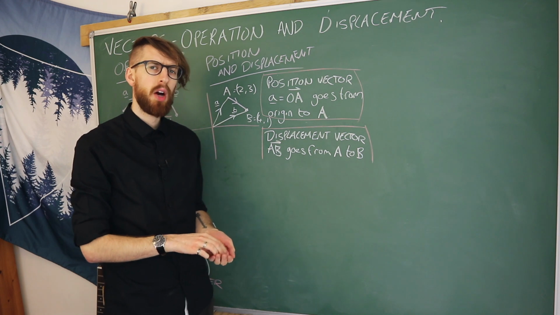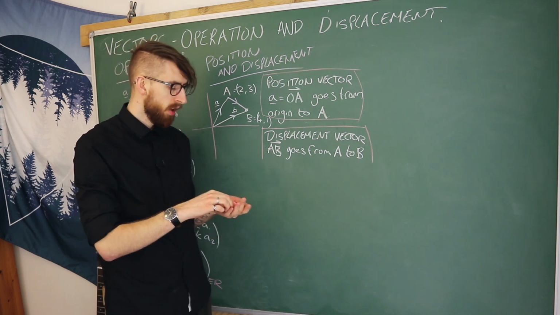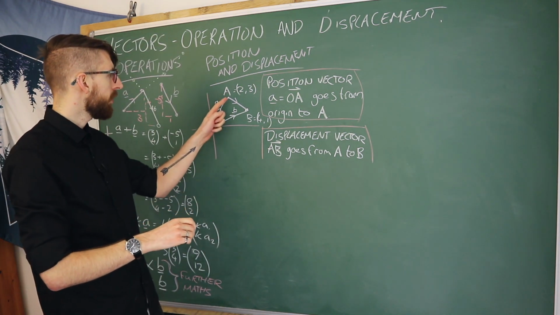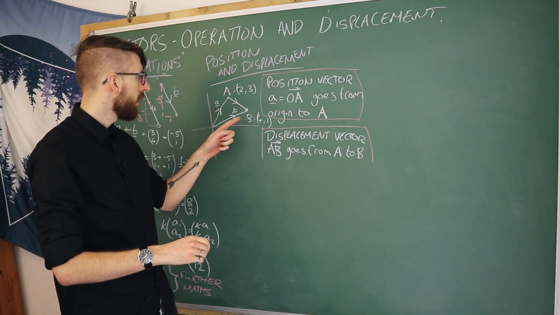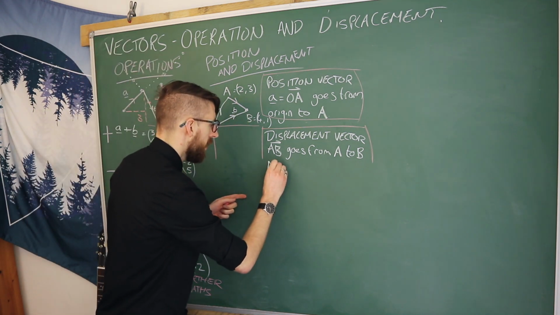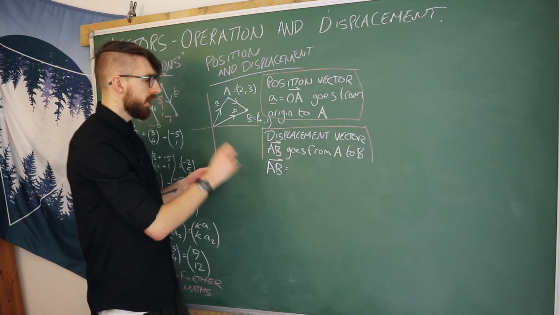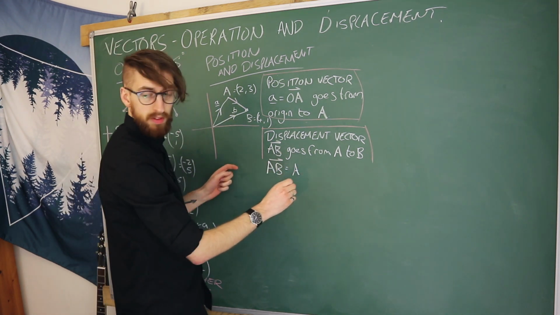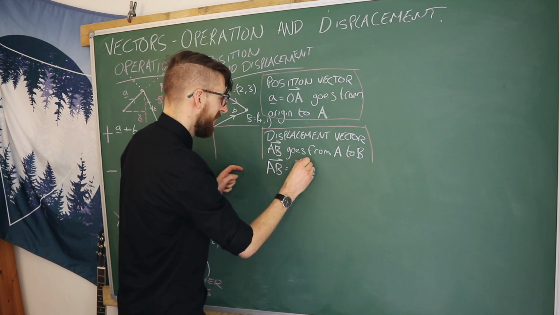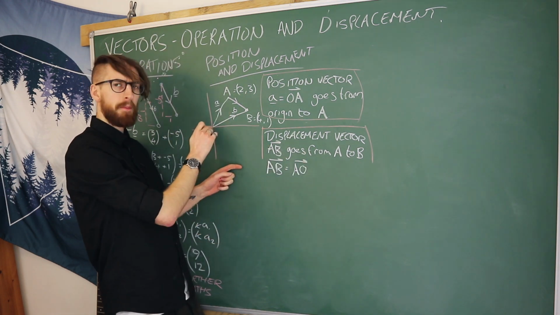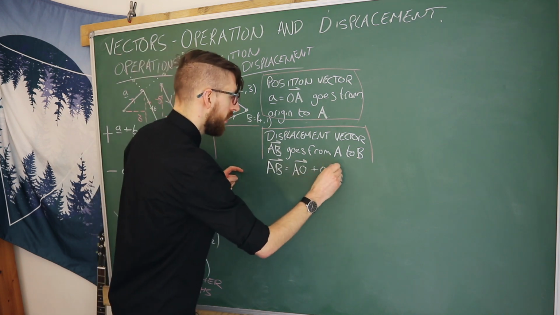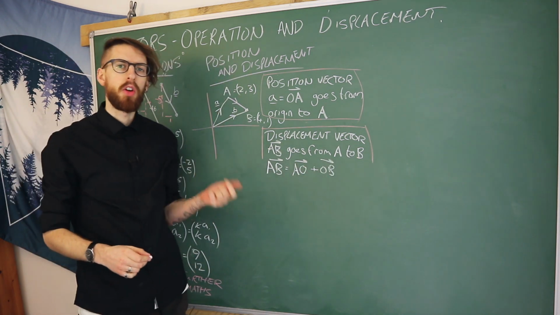Now, how do you actually work out this vector AB? So AB, if we want to go from A to B, well, we're going to go from A to the origin, and then we're going to go from the origin to B. So we've gone AO to OB.